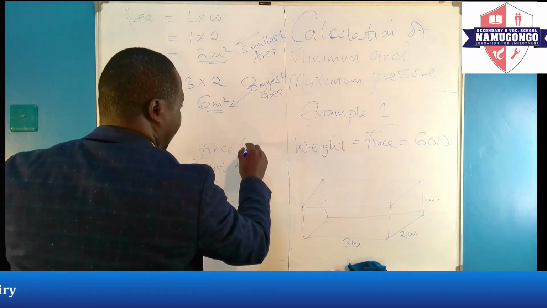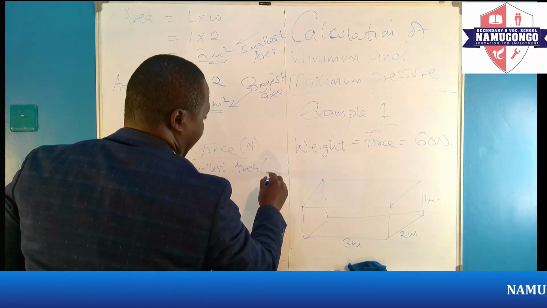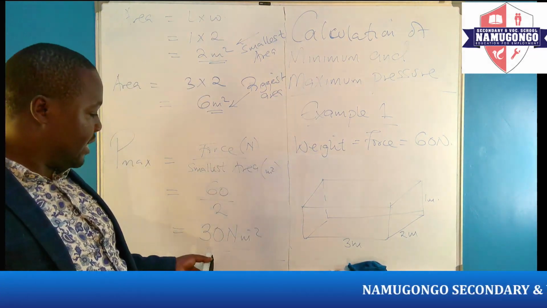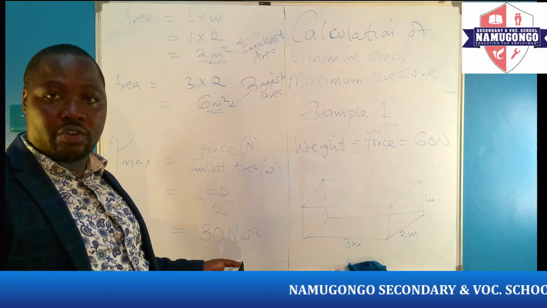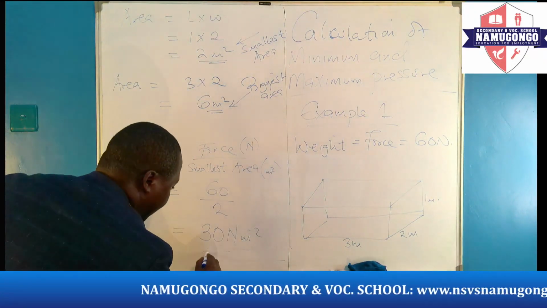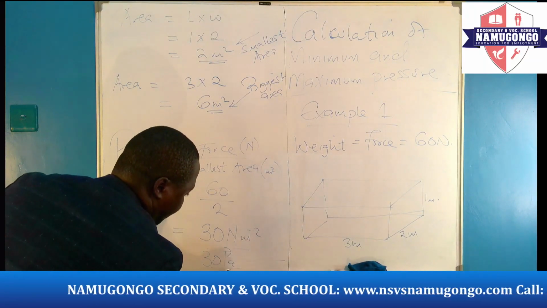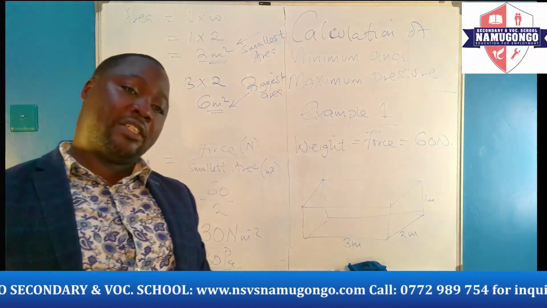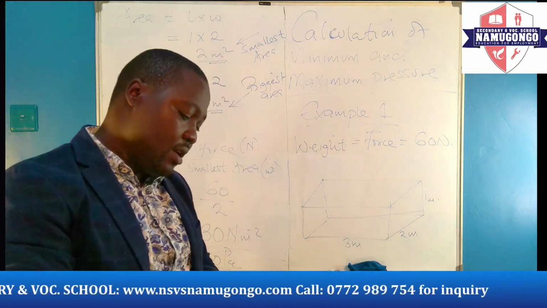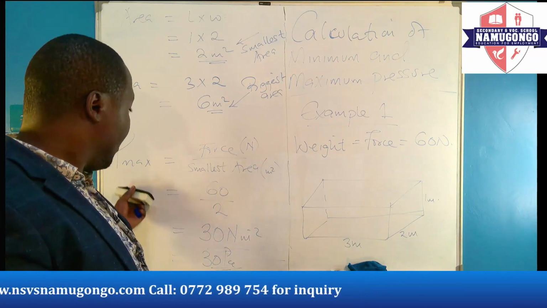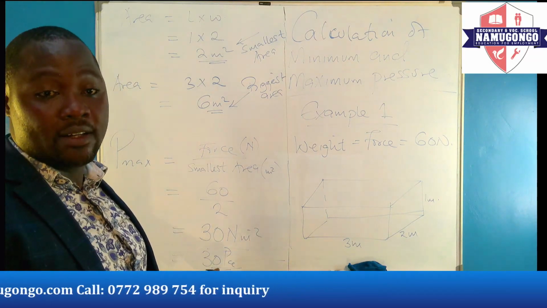Remember, force is in newtons and area is in square meters. So the unit for our answer is 30 newtons per square meter. Or another one can write it as 30 pascals, no problem, because we saw in our introduction that 1 pascal is equivalent to 1 newton per square meter. So here is our maximum, 30 pascals.